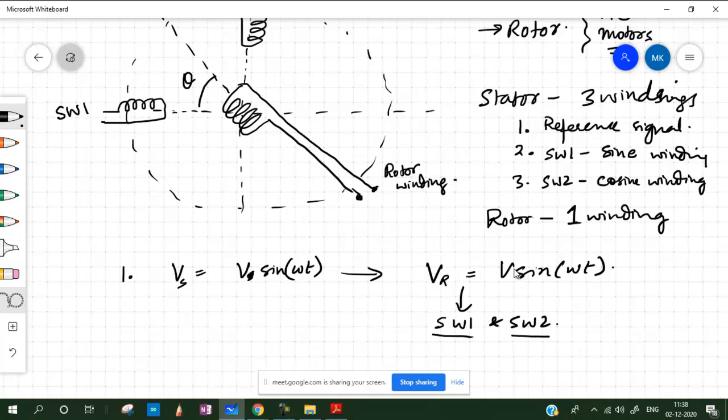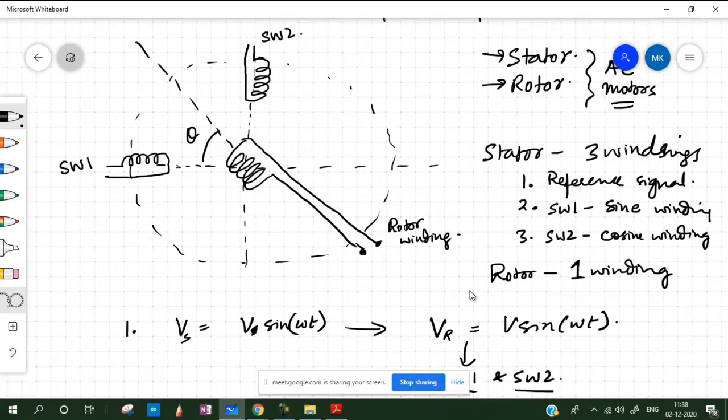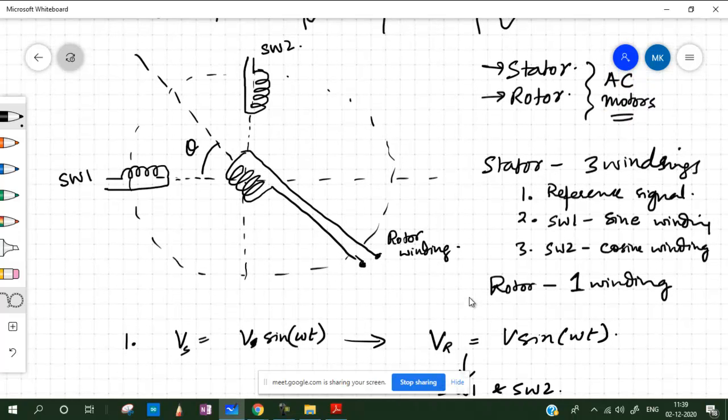And if you see the configuration as we see in the figure, if the rotor is, let's say, this theta is 90 degrees, we can see that there is a proper alignment between the SW2 and rotor windings. So in that case, we will have the signal, or you can say the induced EMF, or the voltage, would be something like this, that we have seen.